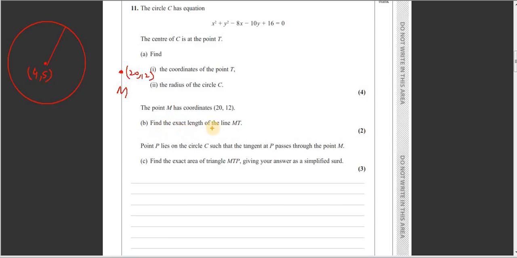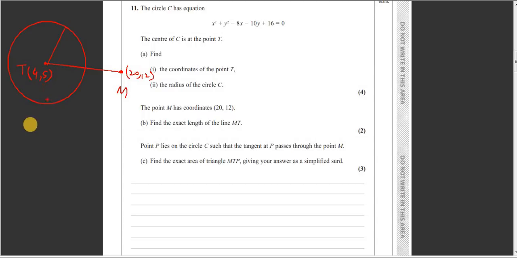So find the exact length of the line MT. That means if you join, this is T center, if you join T and M, so you can see that you have M and T. So you need to figure out the length, and you are given 2 points, (20, 12) and (4, 5).